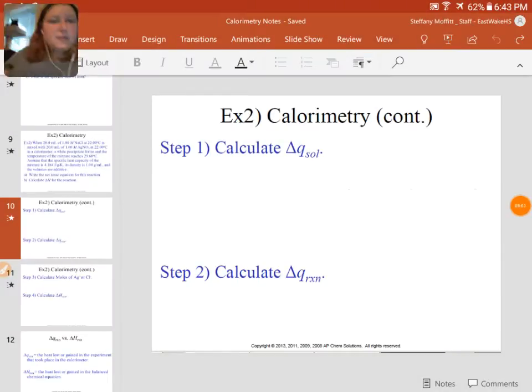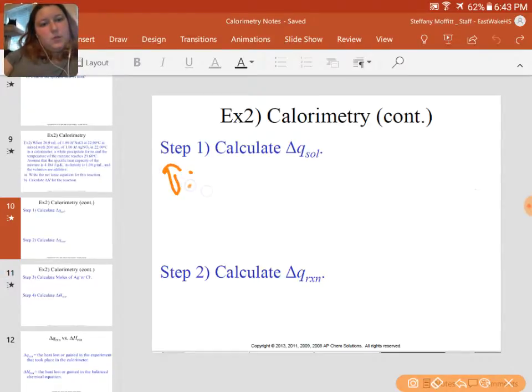Okay, so I had written 20 grams as my mass before, but it's actually 40 grams because we have the 20 milliliters of the NaCl plus the 20 milliliters of the silver nitrate, which gives us 40 milliliters. We're assuming that the density is 1. It says the density is 1, which gives us 40 grams total.